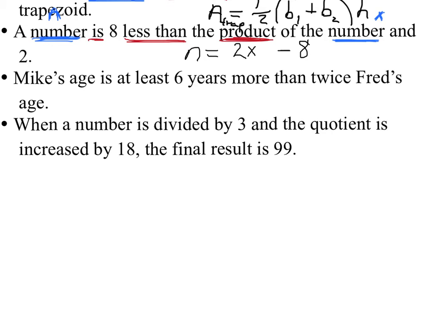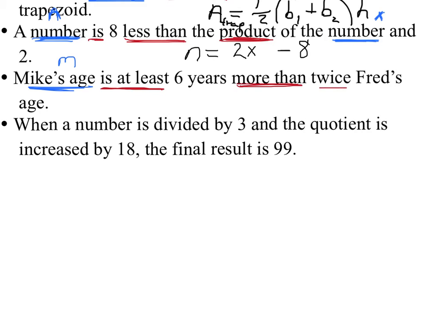Next example, Mike's age. I don't know Mike's age, so I'm going to underline it. We'll call that M. is at least, there's an operation, 6 years more than, there's another operation. Now here's one we haven't discussed yet, but I think we can probably figure it out.